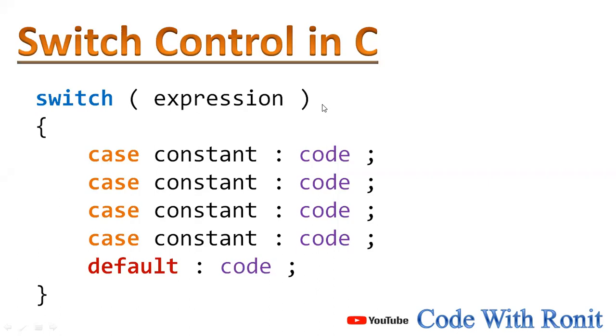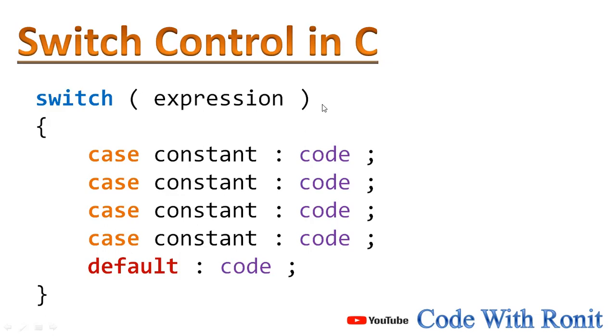It is just like the if statement. In the if statement, we wrote if and within brackets we have to write the condition, and the condition will return true or false.